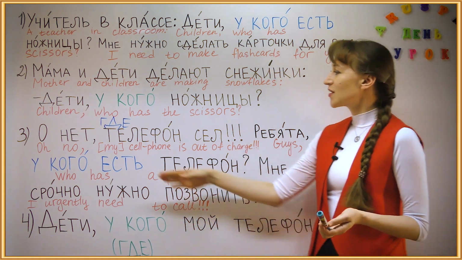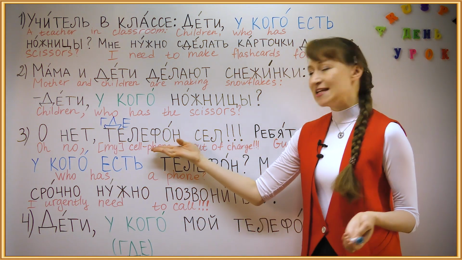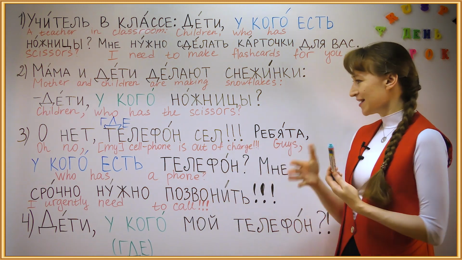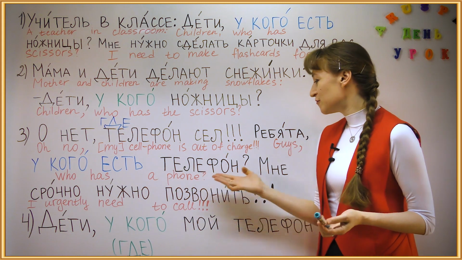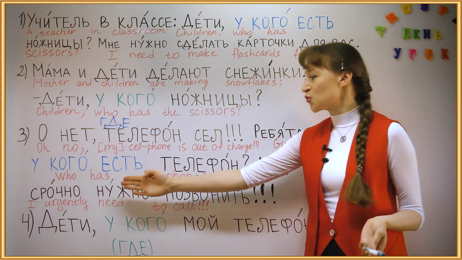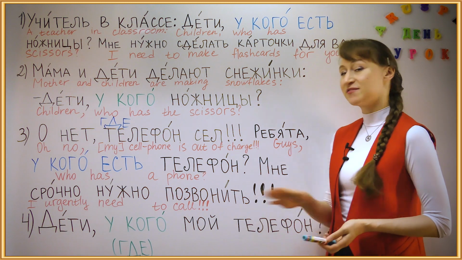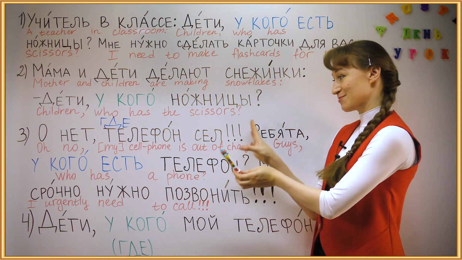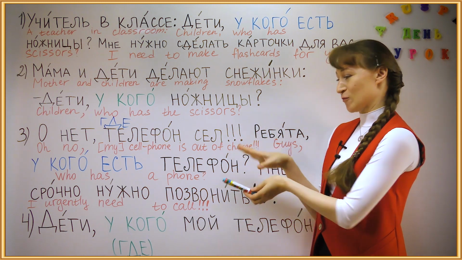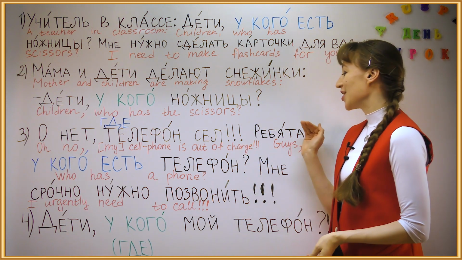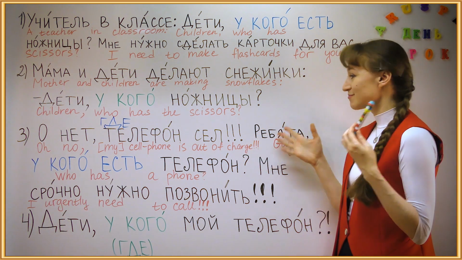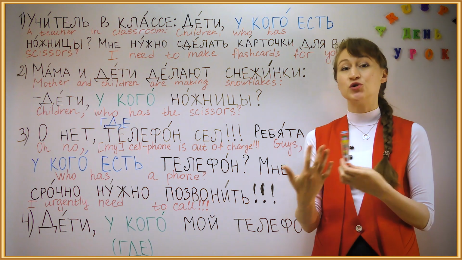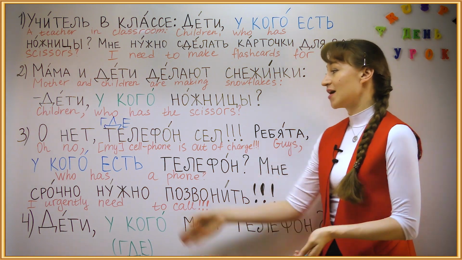Next example. О нет, телефон сел. Ребята, у кого есть телефон? Мне срочно нужно позвонить. So here, since your cell phone is out of charge, you ask your friends who has a phone that you could use to call.